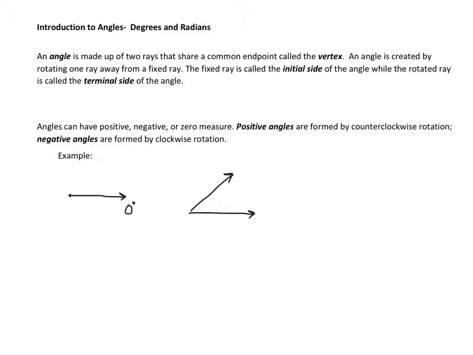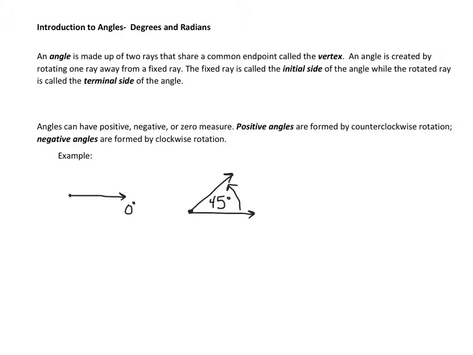I'm rotating counterclockwise. This is a positive 45-degree angle. Our vertex is right at the point, and our initial side started the one that's going straight to the right, and then we ended with our terminal side.